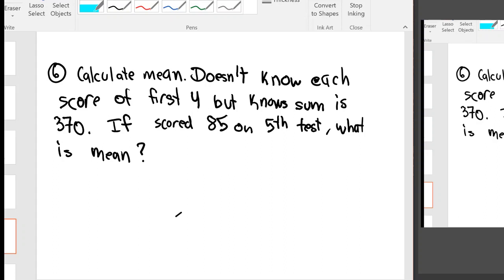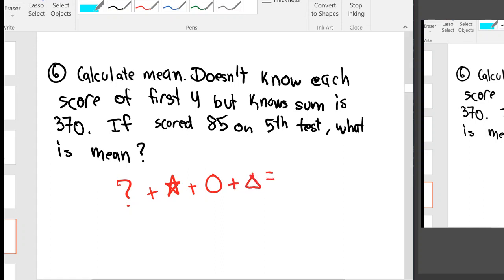Okay, so in this case, pretty simple, right? I don't really need to know each score. I know the first 4 added together: blank plus blank plus blank plus blank. It doesn't have to be the same number, it could be different numbers. So let's say question mark plus star plus squiggly lines plus triangle.